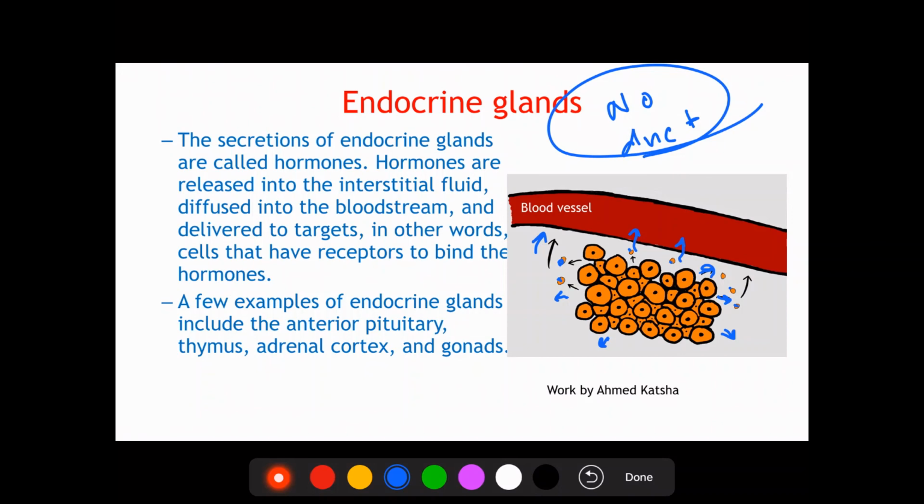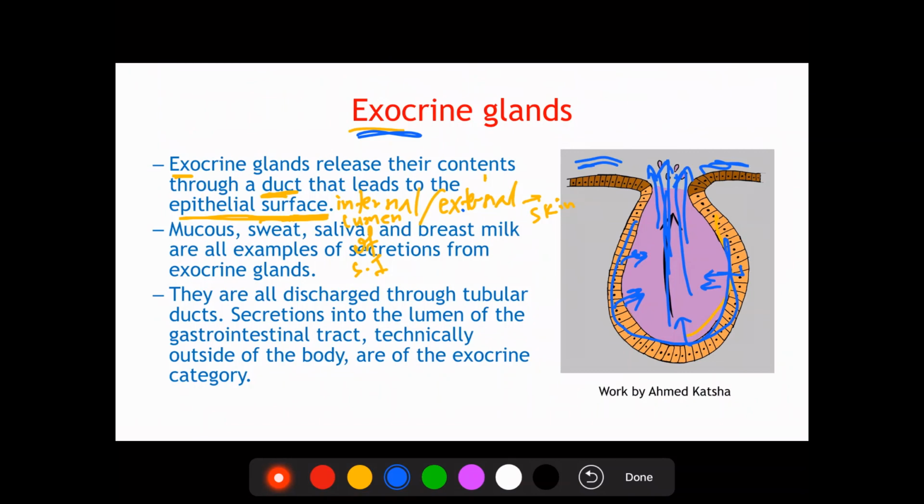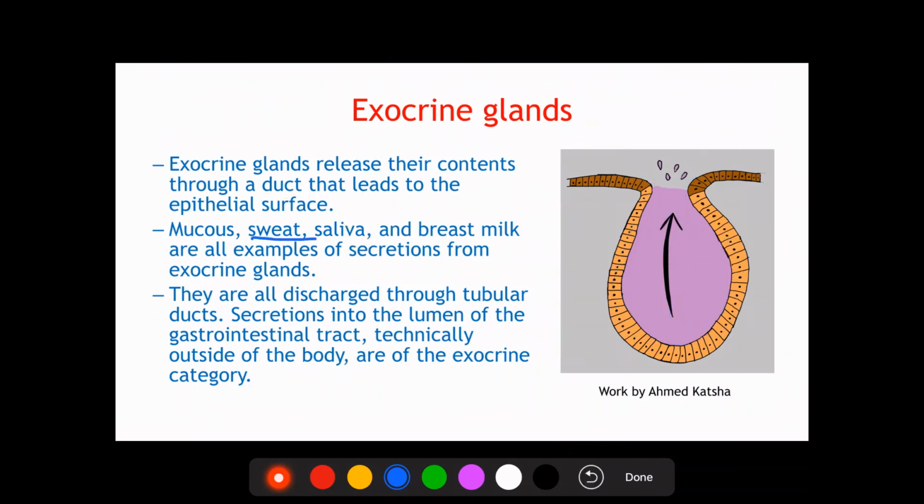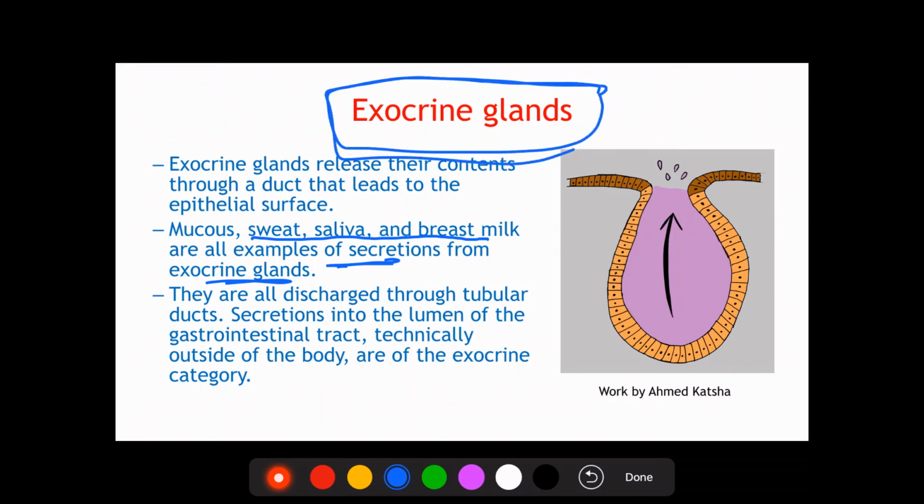Usually most endocrine secretions are hormones. Whereas most exocrine secretions are not hormones, like mucus, saliva, breast milk. All of these secretions are from exocrine glands. And all the glands we are going to study in AB1 are exocrine glands. Okay?